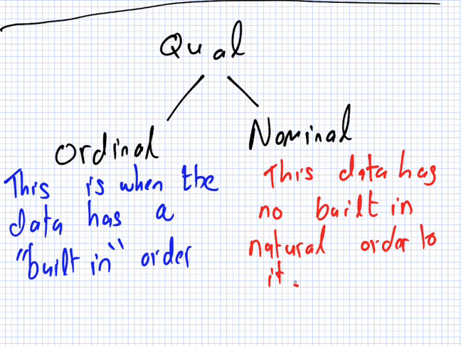The name of the owner of each house for sale in a district. Ordinal. Well, could be, yes. The person who's more valuable, no, what would be the natural order to that list? Not biggest and smallest.